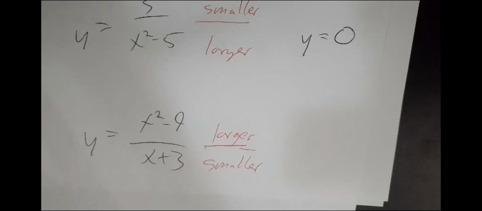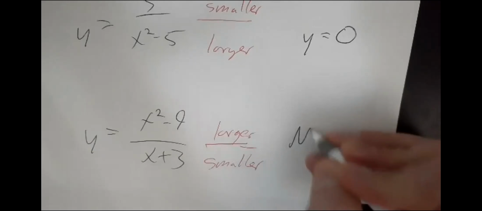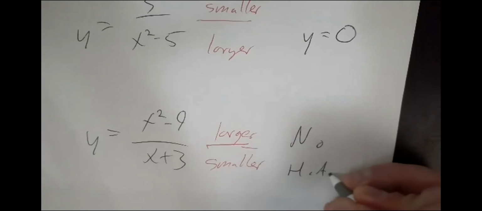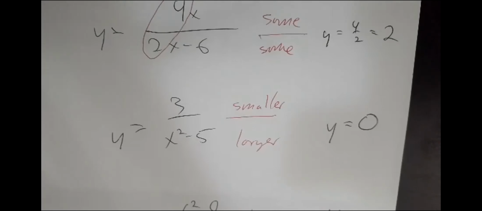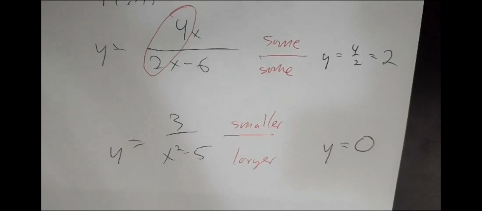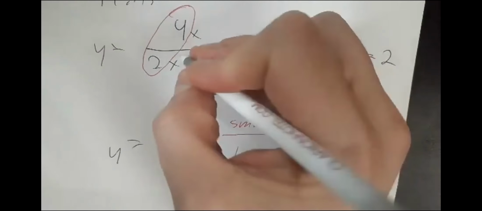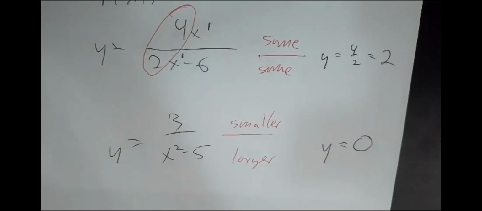If it's larger on top, what is my horizontal asymptote? There is no horizontal asymptote. These are the three scenarios you have to look at. We're just looking at the power on the polynomials in our numerator and denominator.